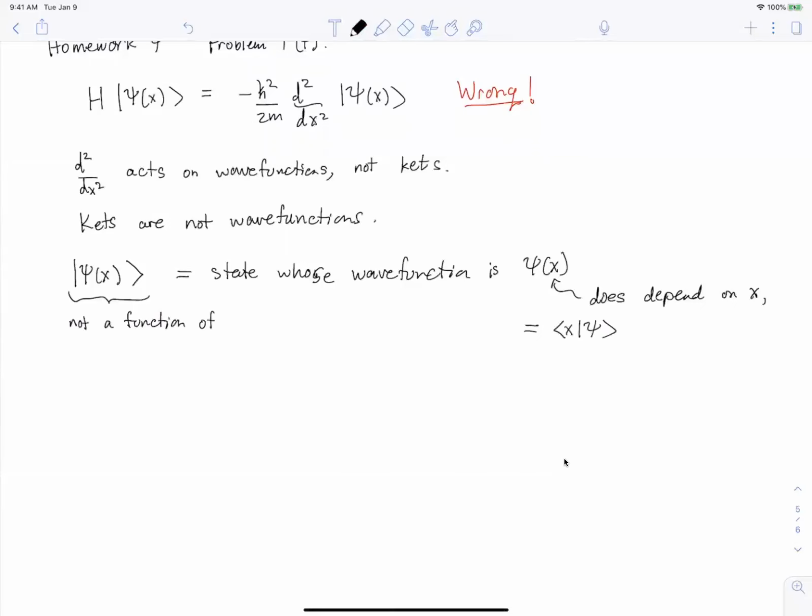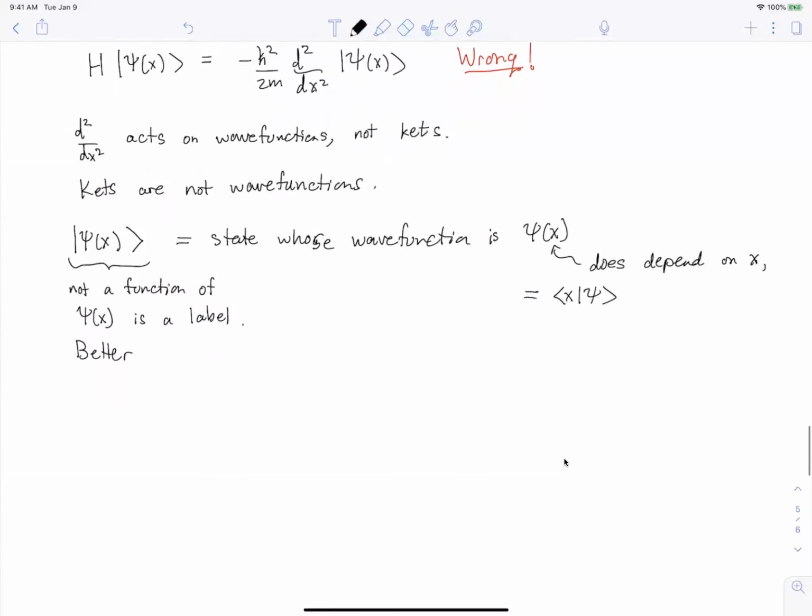The psi of x is just a label telling you which state it is. So unless you really need to say that it's the state whose wave function is psi of x, it's usually better to just call this psi.